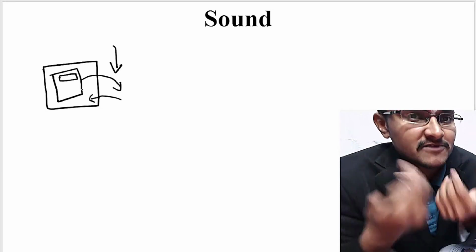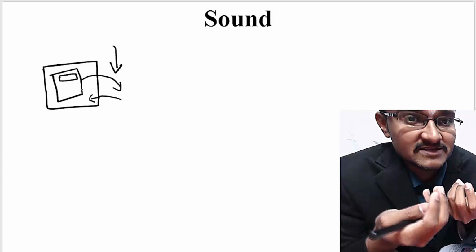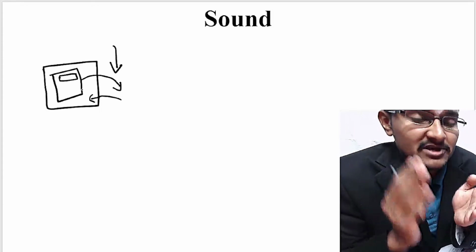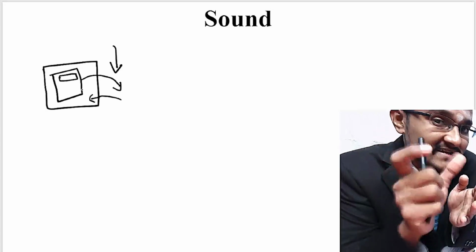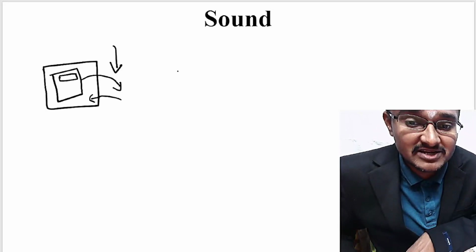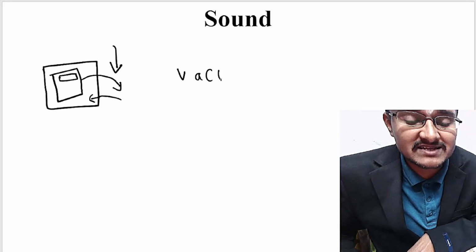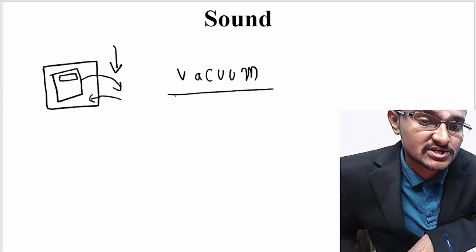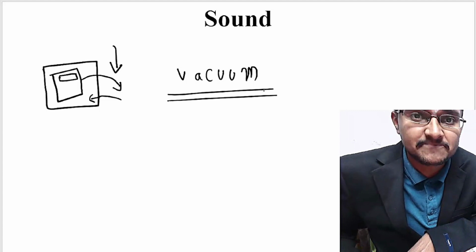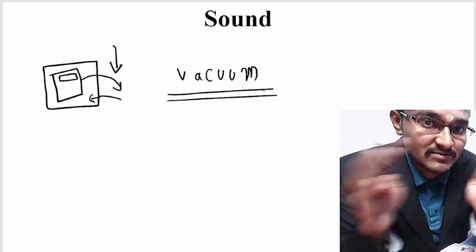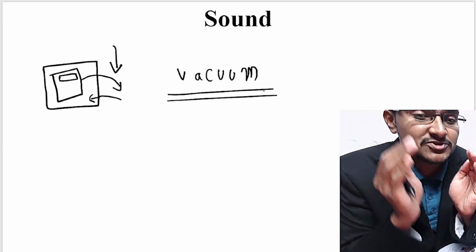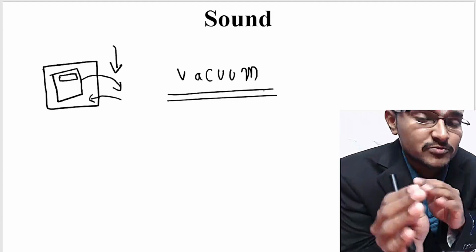There have been a lot of scientific experiments done on this, where sound inside vacuum cannot travel, because when you create vacuum, there will be no air molecules present in that particular place. That means all air molecules, gas molecules, water molecules, whatever is there in this atmosphere is removed, and that kind of place is known as vacuum. So in that vacuum, sound cannot propagate.